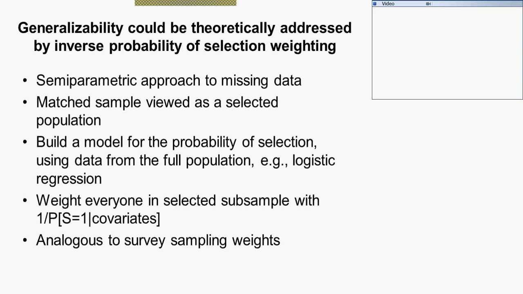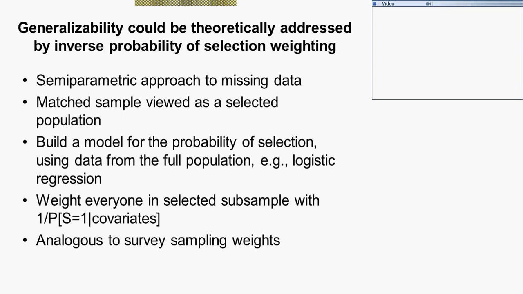to deal with this kind of missing data problem, right? We have data on this select subsample, and we have data on the rest of the population. And this is perfectly analogous to survey sampling weights or inverse probability of treatment weights, where we build a model using the full data for the probability that a patient will be in our linked subcohort.